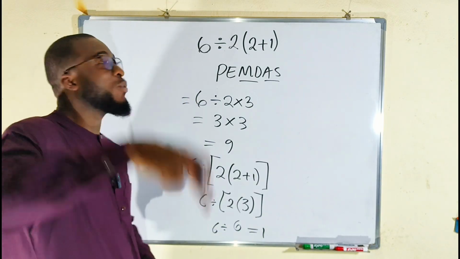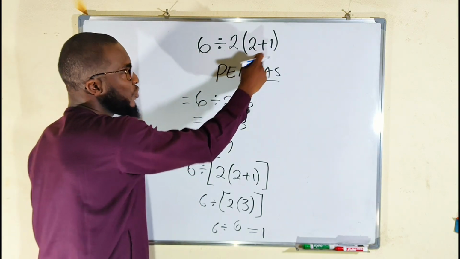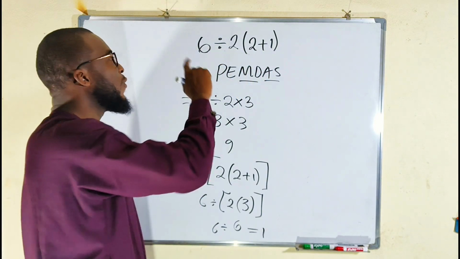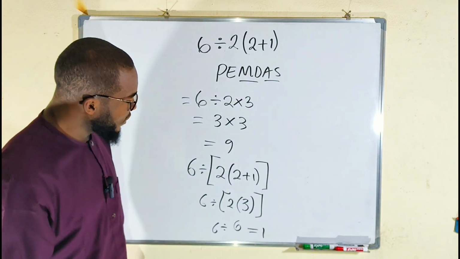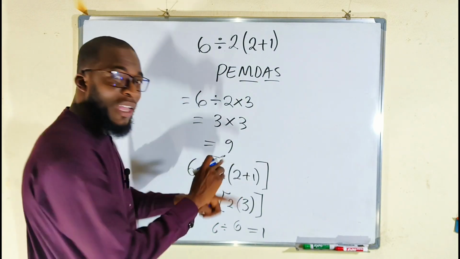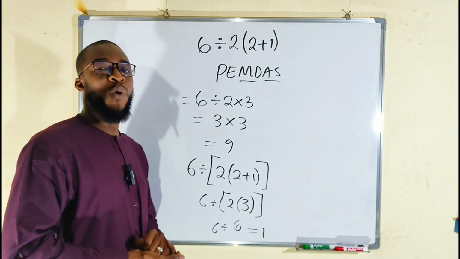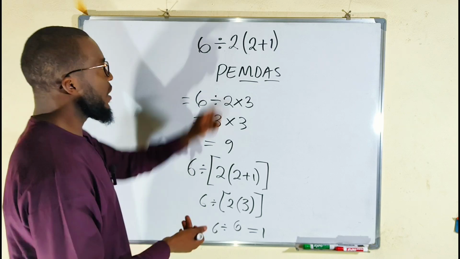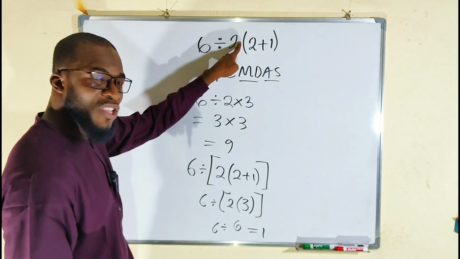And other people are still getting 1 because they believe parenthesis means we should distribute. So for those that distributed, we'll still get 1. And for those that naturally or artificially introduce this bracket, we'll still get 1, which is very wrong. The relationship between 2 and this bracket or parenthesis is multiplication.